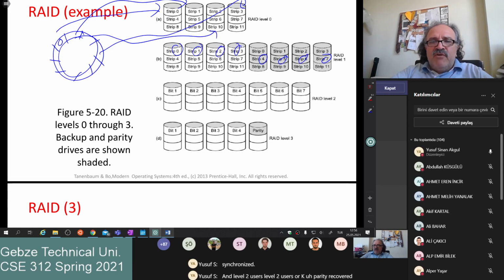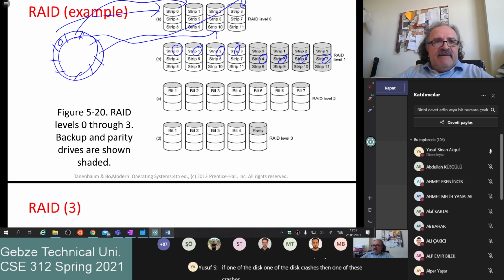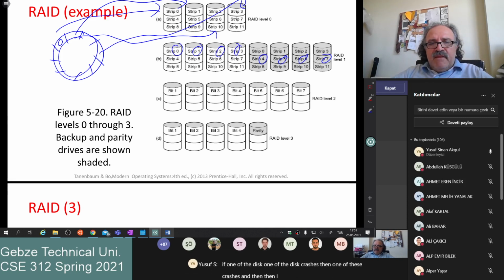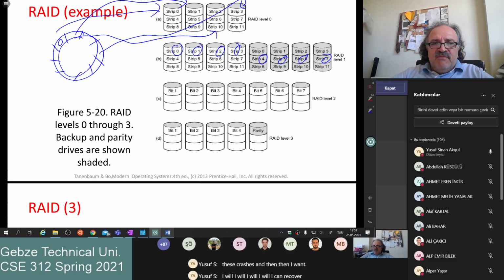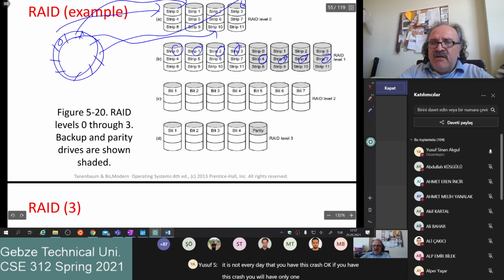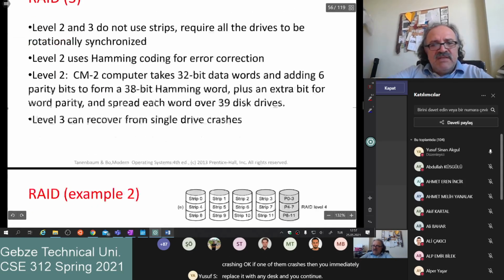If one of the disks crashes, I can recover from a single crash. Usually, it is not every day that you have a disk crash. If you have a disk crash, only one of your disks will be crashing. If one of them crashes, you immediately replace it with a new disk and you continue. And that's a good way of doing stuff.